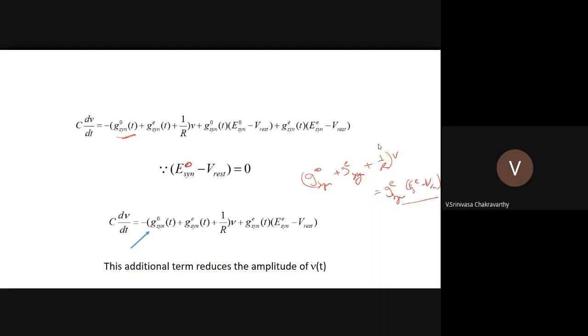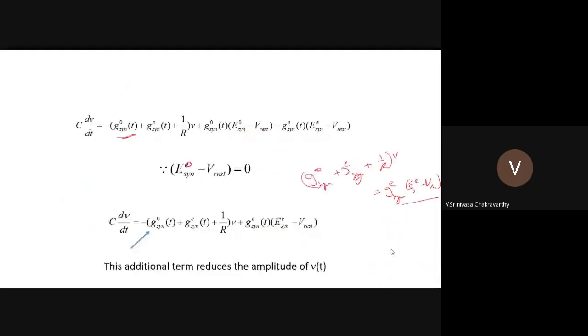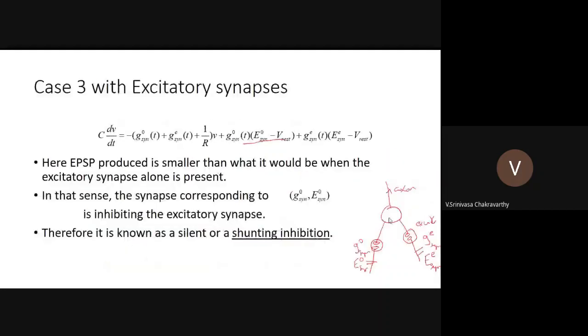So in a way, although in isolation this channel is not able to have any effect, when both kinds of synapses are present, it seems to inhibit the effect of the excitatory channel, indirectly, which is a very interesting effect.